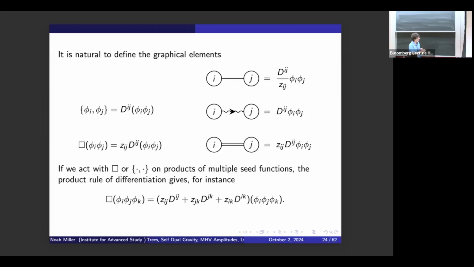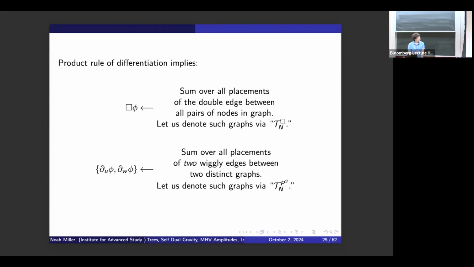If you have a box acting on these two seed functions, you sum over all of the pairs of seed functions that act with zij, dij. So, for the product rule differentiation, that implies the following thing. The box on the seed function, you're summing over all placements of the double edge going between two nodes in a graph.